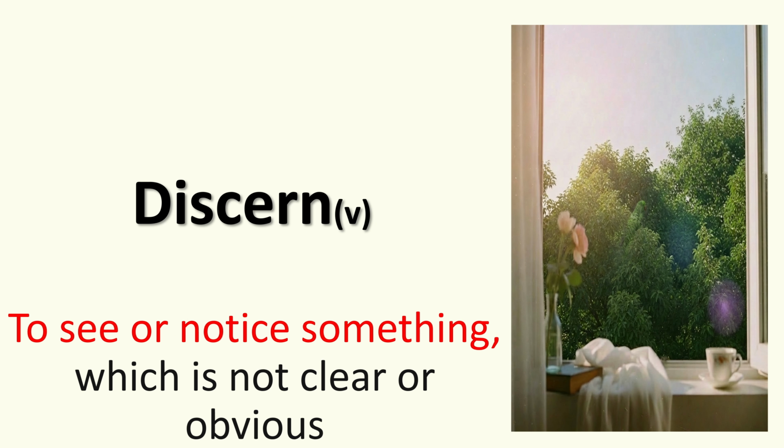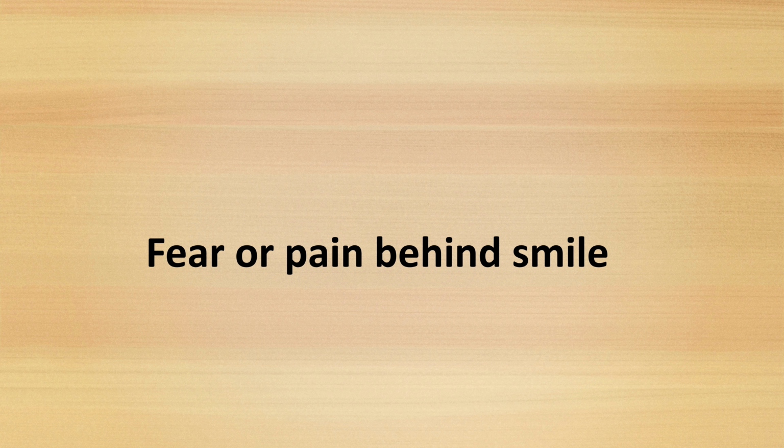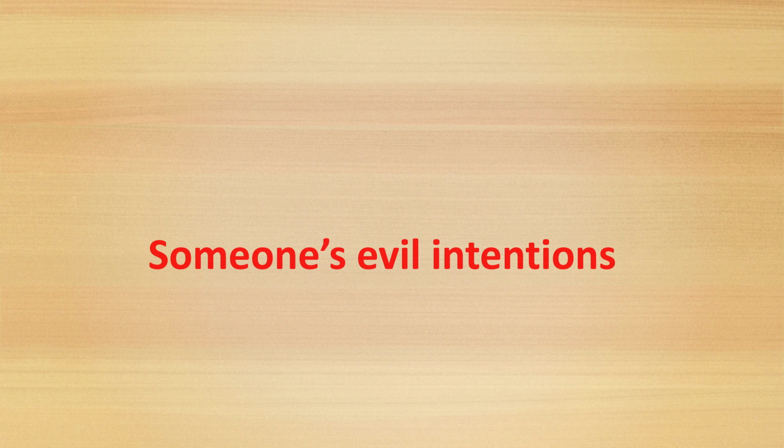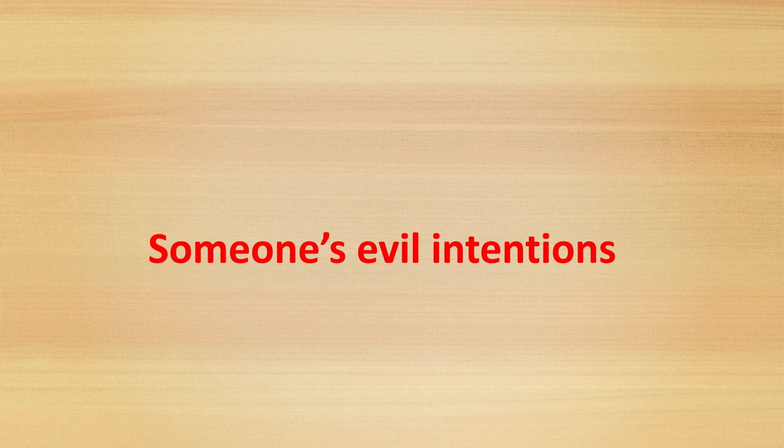So, to discern something which is not clear, you need to have sharp observation and you need to pay attention. Discern is most commonly used for noticing or recognizing emotions or intentions. For example, to discern someone's pain or fear behind their smile, or to discern someone's evil intentions when they are apparently very friendly with you.